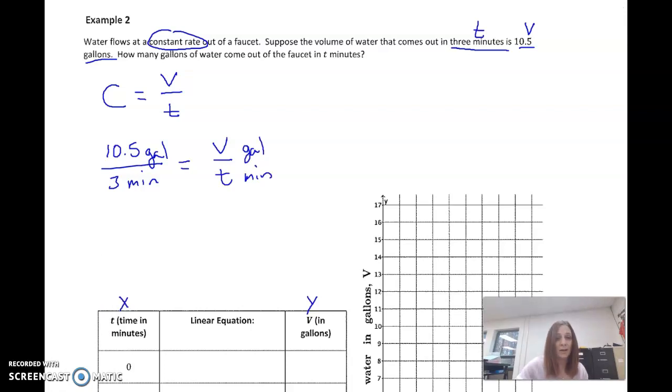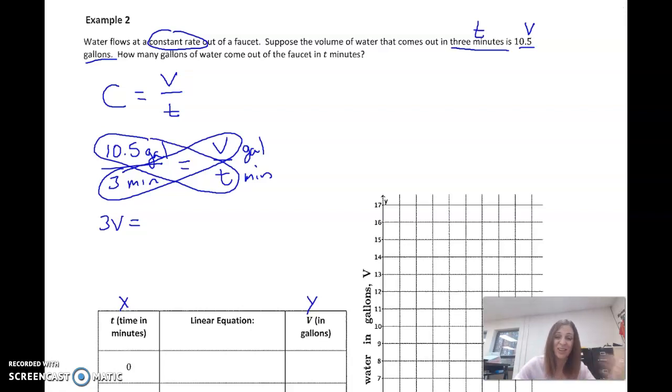And then you can use cross products. Now, I always said to solve for y, but you're going to notice in this case, the way I set it up, we don't have a y. Always solve for the thing that's not time, because time is the independent variable. So whatever else is going to depend on that time. So I'm going to go 10.5 times t. I am going to divide both sides by 3.